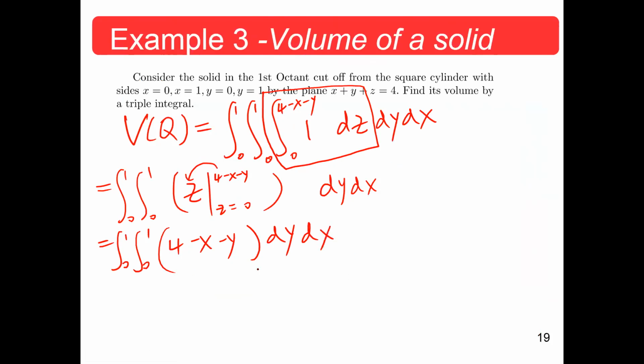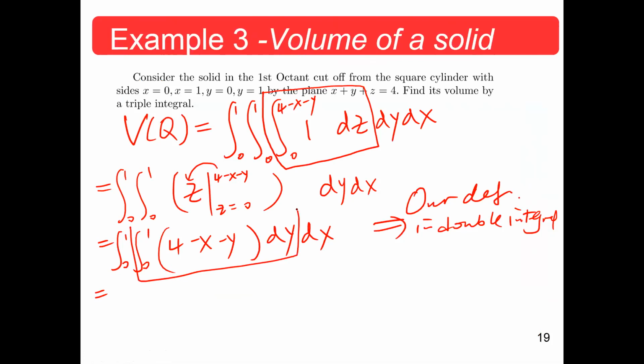Is that correct? Yep. Okay, does this match our definition of a double integral? So it's a double integral of the function f of x, y, dA. Yes. Right? Okay. And next, just go the traditional way of computing.